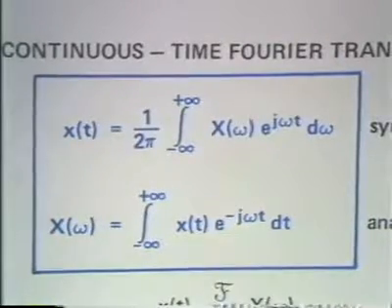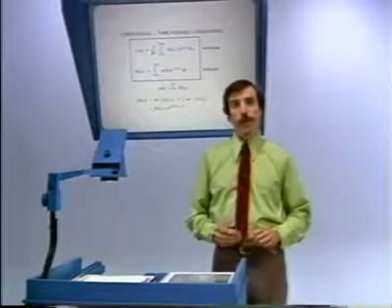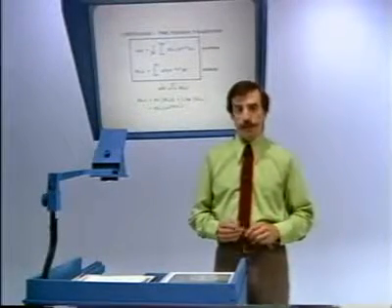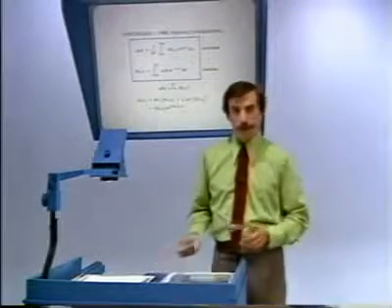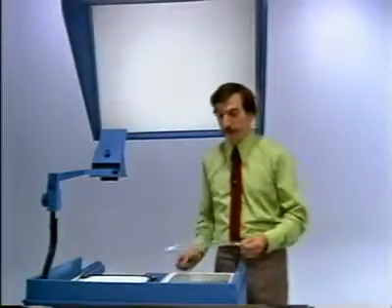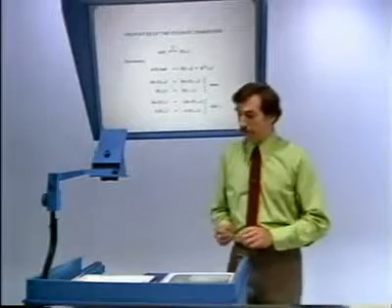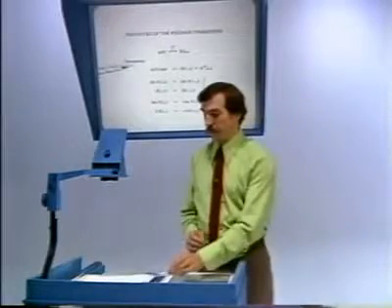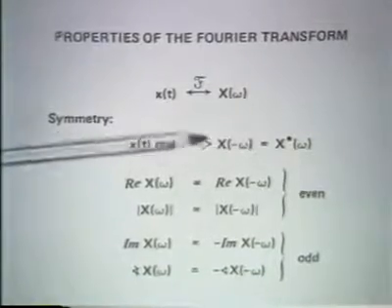Now, as I indicated last time, the Fourier transform is a complex function of frequency. And in particular, the complex function of frequency has an important and very useful symmetry property. The symmetry of the Fourier transform when x of t is real is what is referred to as conjugate symmetric.